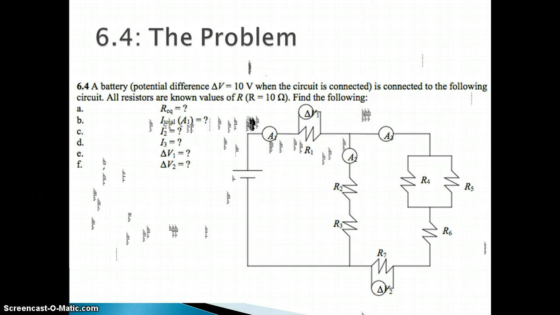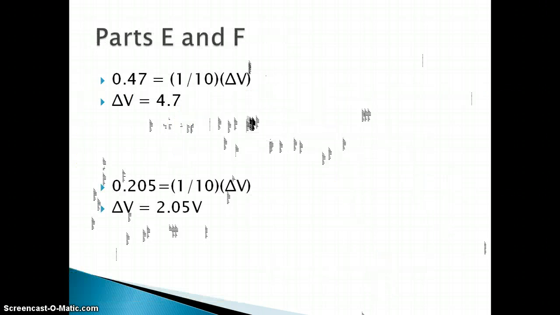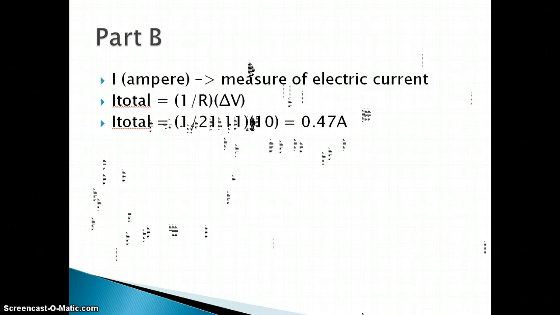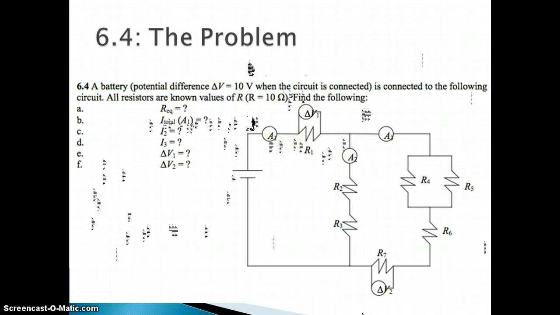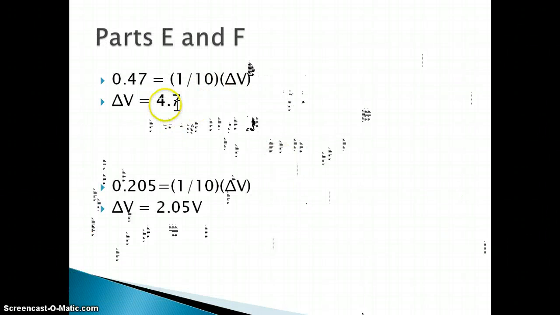It's a similar approach for both problems, and basically we just plug in values that we know and solve for delta V. So over here, 0.47 was the value that we calculated from part B, which is I total, and that's at that particular region, so it works. And 1 over 10 because the resistor there is 10 ohms, which is right here. So you plug in those values and you solve for delta V and you get 4.7 volts.